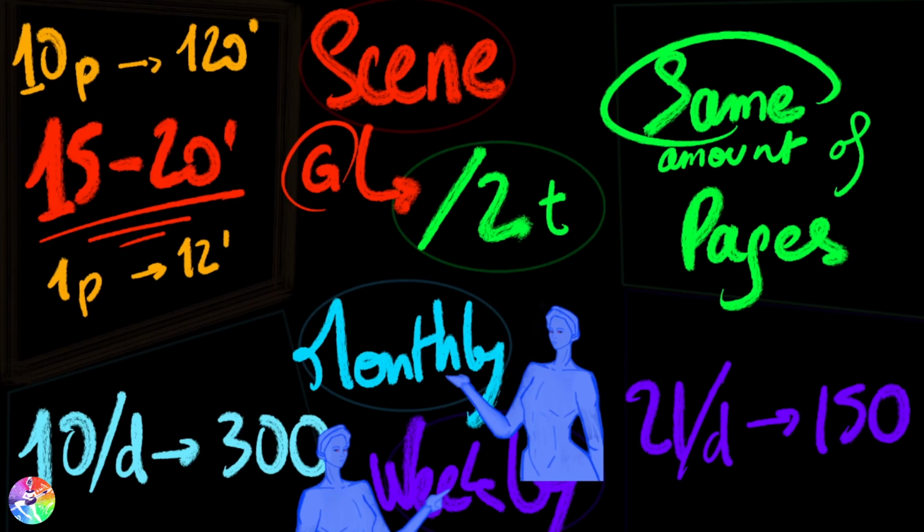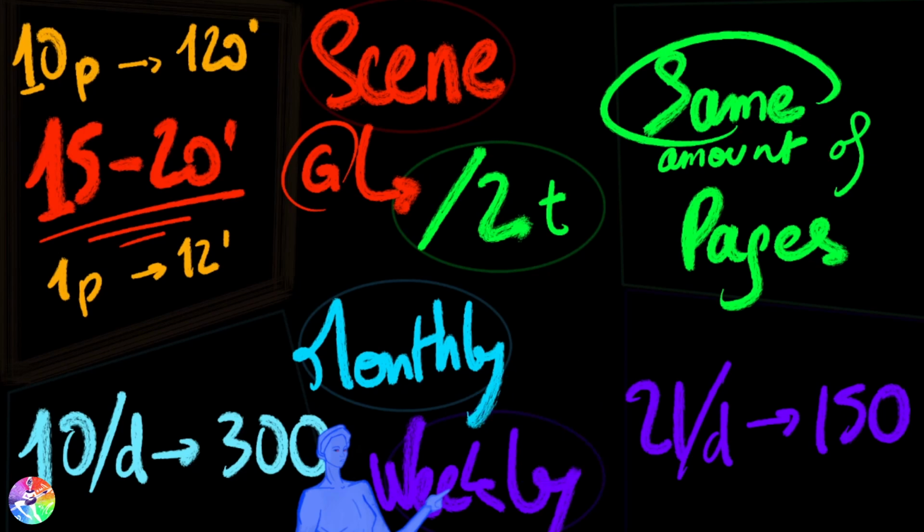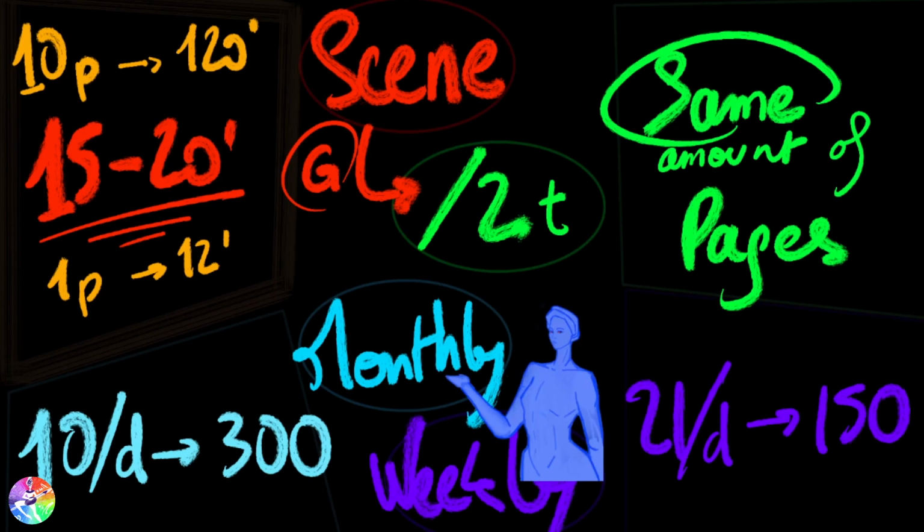So think of it this way. If you start at a weekly scale to write 20 pages a day, and then you can scale up to the monthly scale, you can imagine that you can write 600 pages a month approximately. So from there, writing 300 pages a month will not be so difficult.